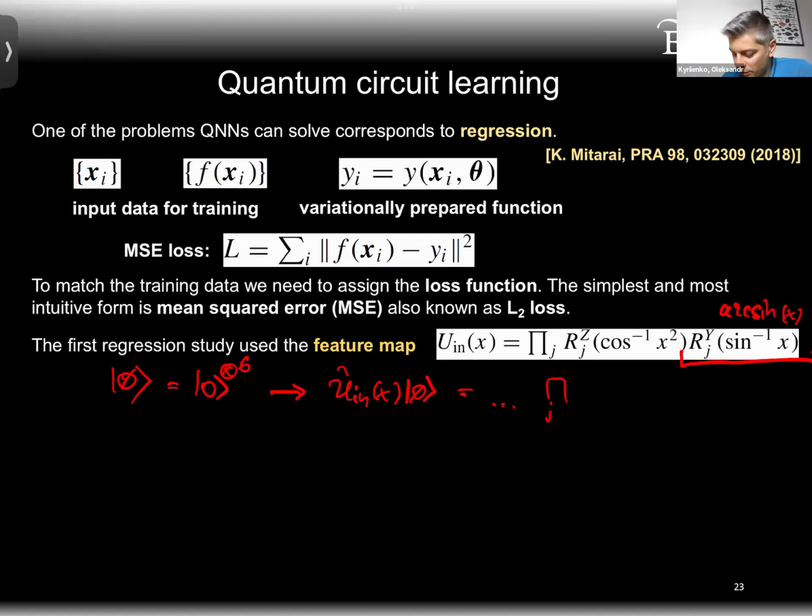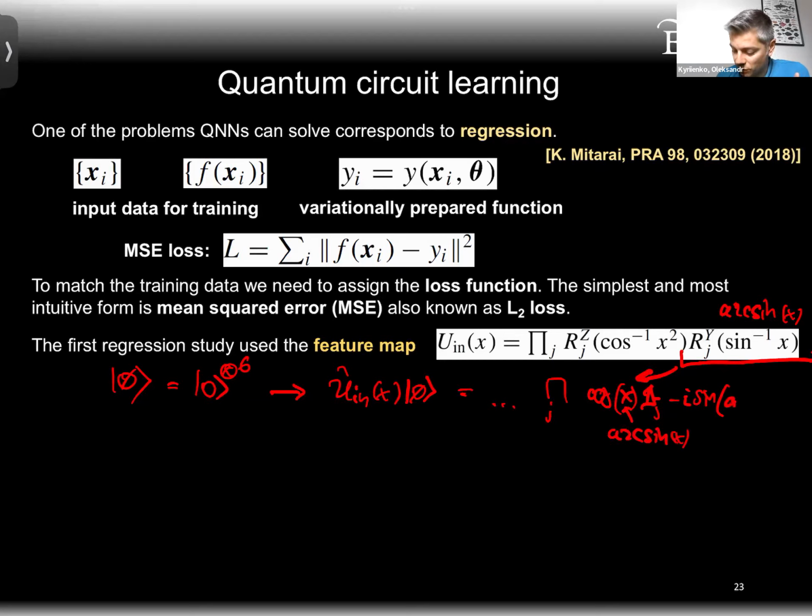So what happens is I need to expand the rotation around the y-axis using Euler's formula. Rotation around y is just cosine times identity on the j-th qubit minus i sine times Pauli Y. But now I should mention that it was not x anymore, but arcsine of x.